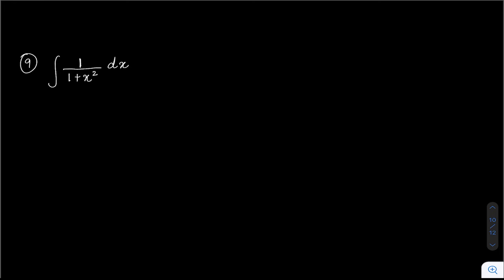So let me explain. What happens is, sometimes we have terms like a square plus x square, or a square minus x square, or third is x square minus a square. Whenever you have terms, for example, this question is nothing but 1 over 1 square plus x square, right? In this case, a is 1.